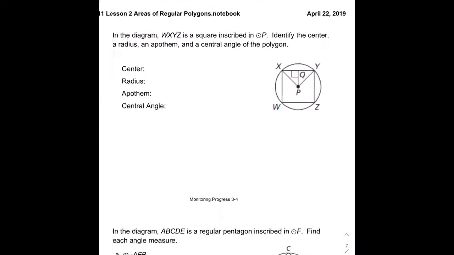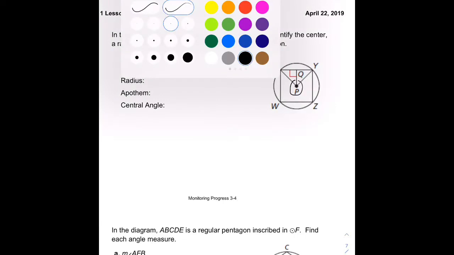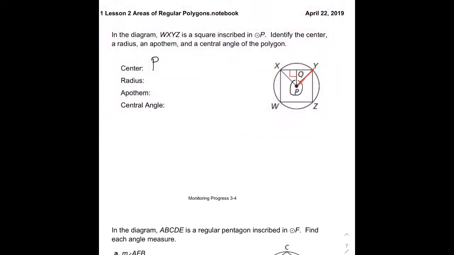In the diagram, WXYZ is a square inscribed in circle P. Identify the center. Well, the center of the circle is P, so the center of my square would also be P. The radius of the circle is going to be P to Y or P to X, and so either of those segments would be the radius of my square.